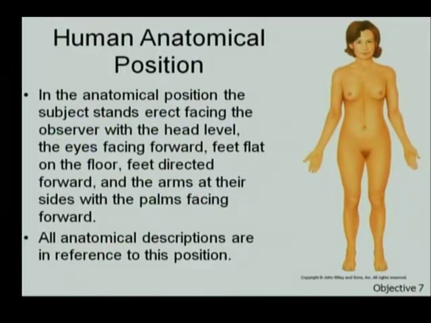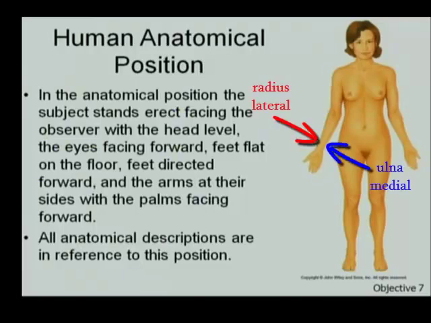Now let me give you an example of why this is important. The bone on the forearm that comes up from the thumb is called the radius. The one by the little finger is called the ulna. Now if you look at how this lady's standing, we could say that the radius is lateral to the ulna.